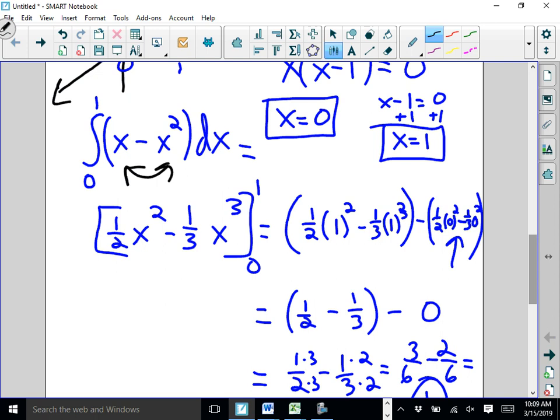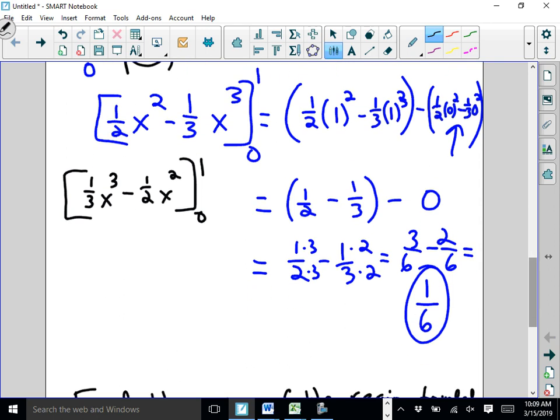What would happen is we'd have 1/3 x cubed minus 1/2 x squared from 0 to 1. And then we would have ended up with 1/3 minus 1/2, again, minus 0.